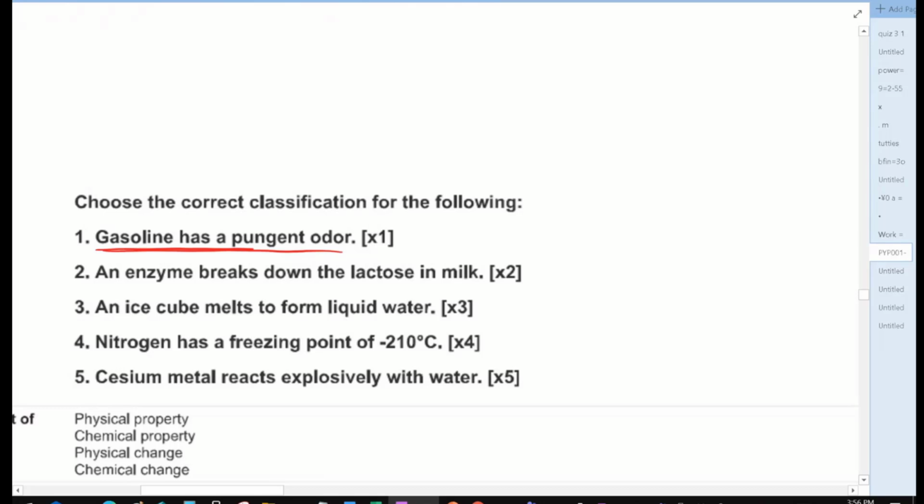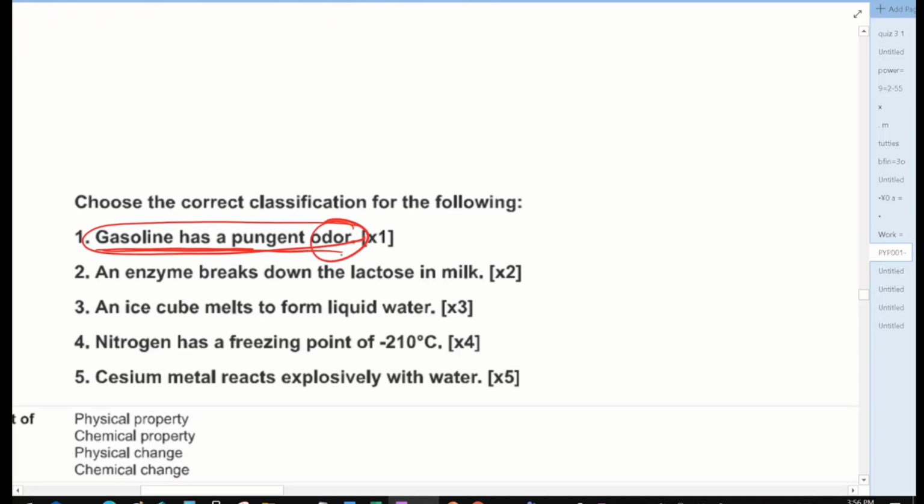Is it a physical property or a chemical property or a physical change or a chemical change? The odor of gasoline. Is it a change or a property? Gasoline has a pungent odor.